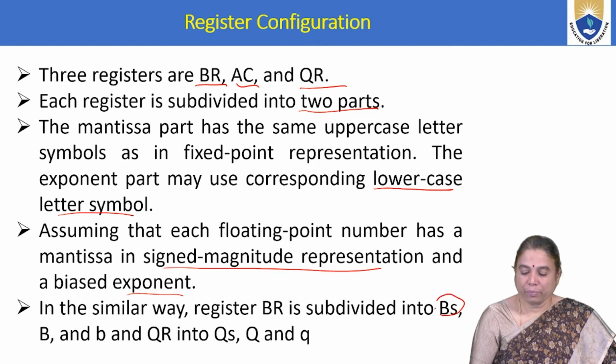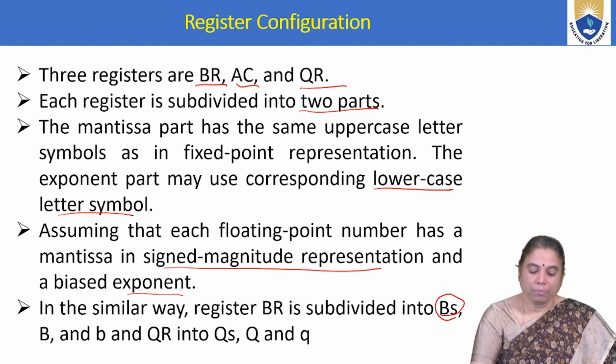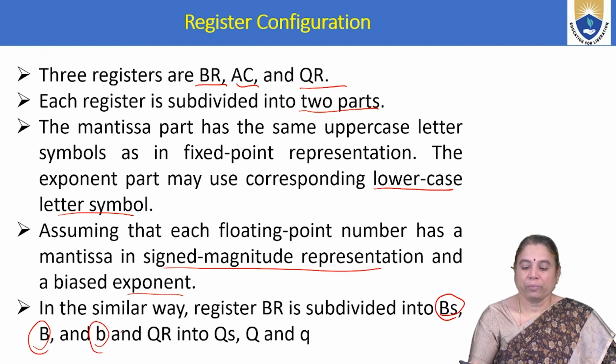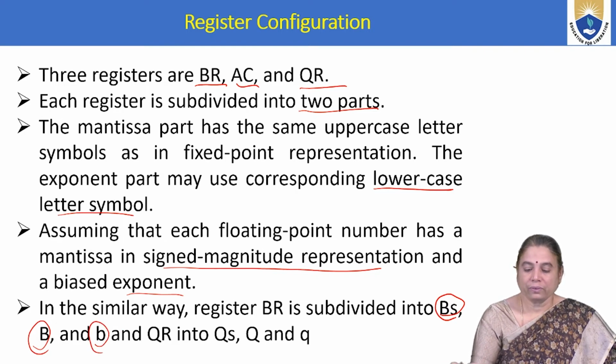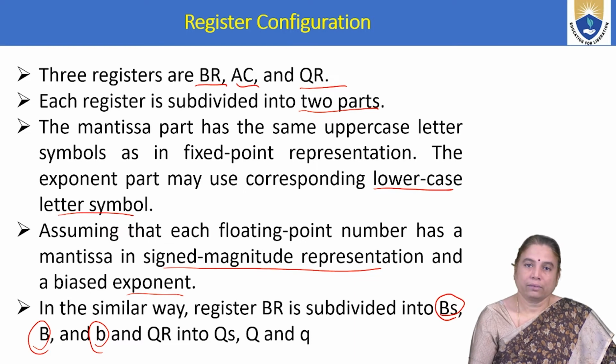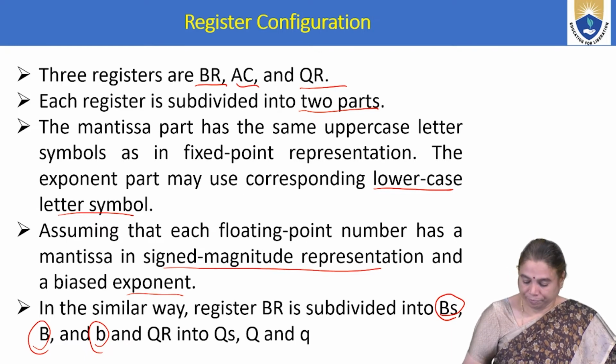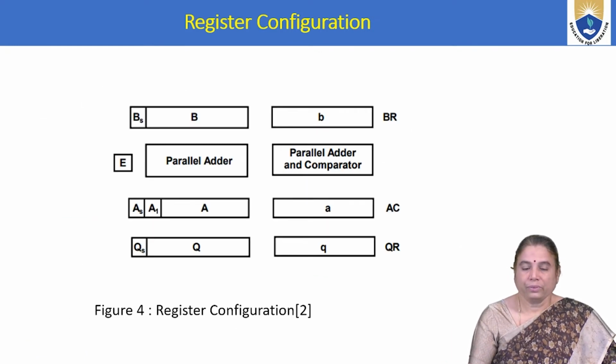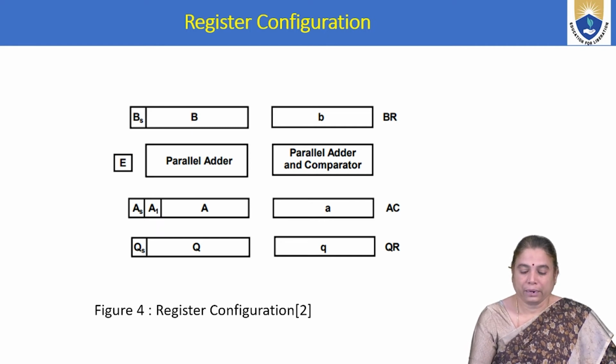BS represents the sign bit, B is the mantissa, and small b is the exponent. Similarly, the other two registers, QR and AC, contain the sign bit, the mantissa in capital letter, and the exponent in lowercase letter. So this is the register configuration for the floating point representation.